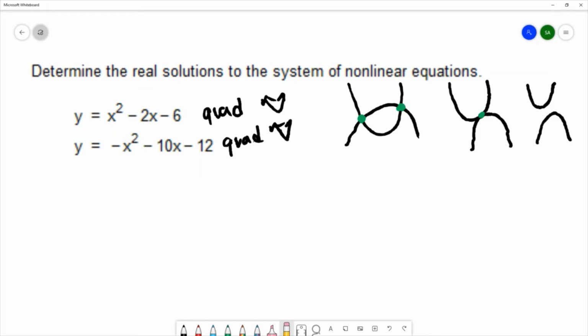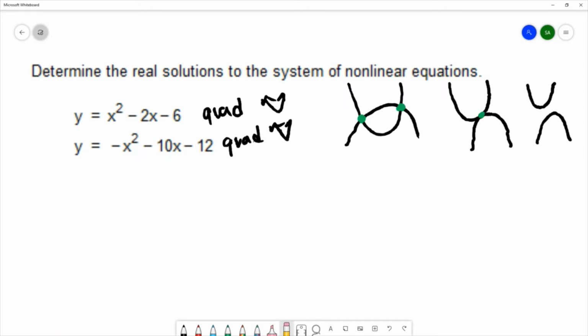In addition to that, I can see that the like terms of y are lined up, the equal signs are lined up. We have like terms of x squared lined up, like terms of x lined up, and our constants lined up. So this also lends itself very well to doing the elimination method.